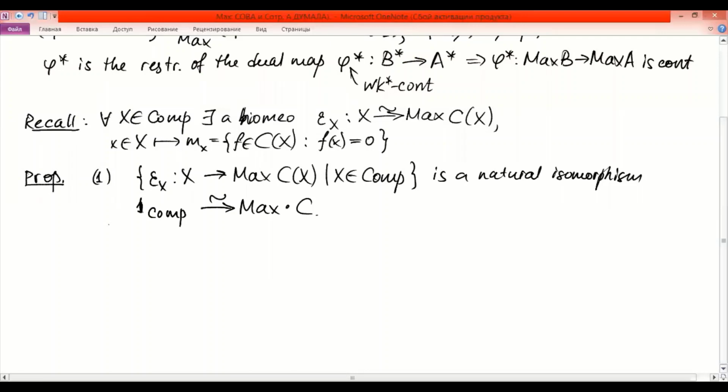Part 2. Let's now consider the Gelfand transforms of all commutative unital Banach algebras. So here A runs over the class of objects of the category cuba.